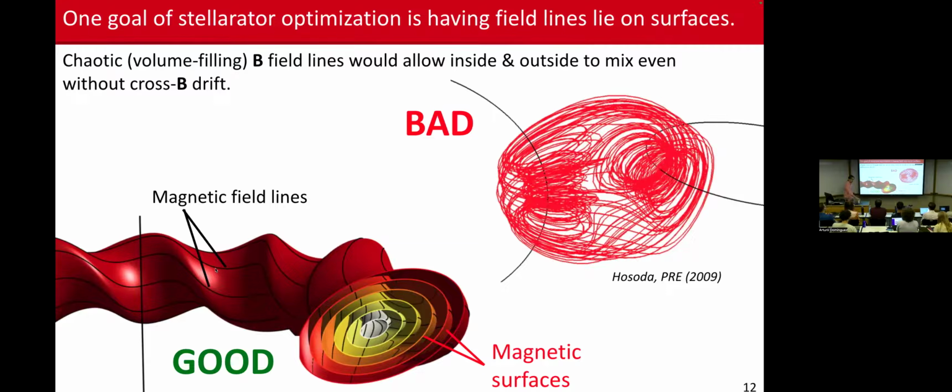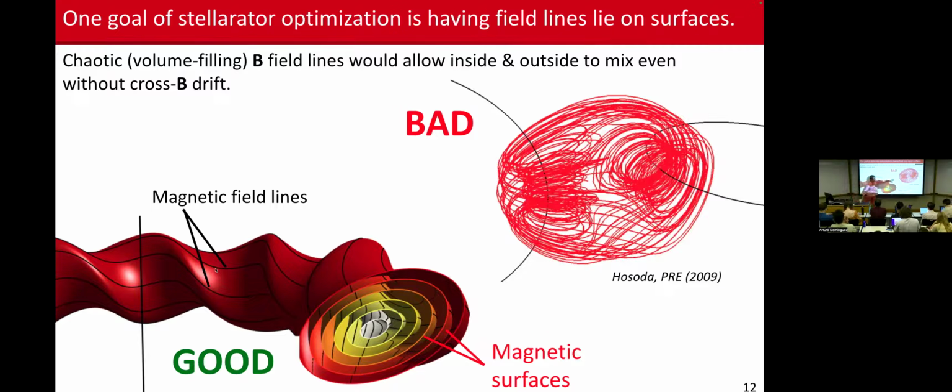And you talked about some of these physical quantities yesterday. So one is we want closed nested field lines, magnetic field lines. Chaotic field lines are bad. They let the plasma really mix around from the cold edge to the hot middle. So we generally want to avoid chaotic magnetic field lines. And so these sort of nested surfaces would be good.